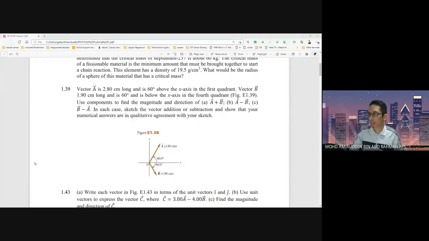So you have the vector A there, and the magnitude is 2.8 centimeter, and it makes an angle of 60 degree above the x-axis.